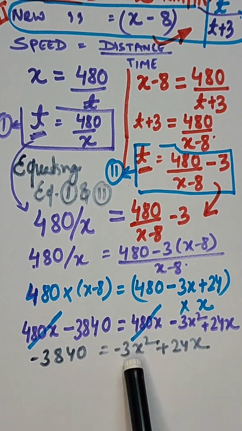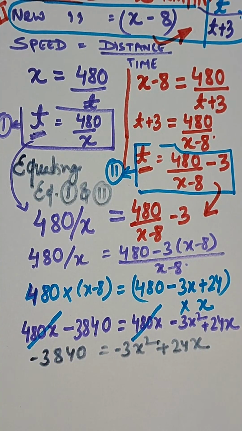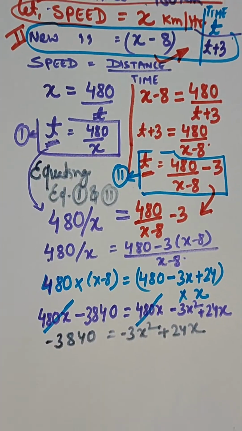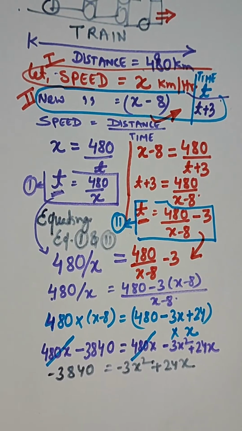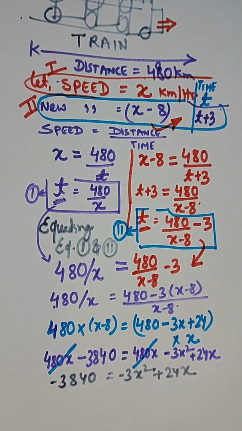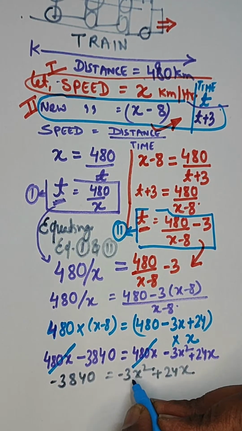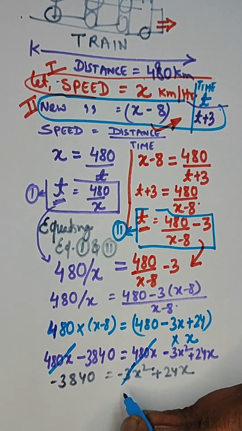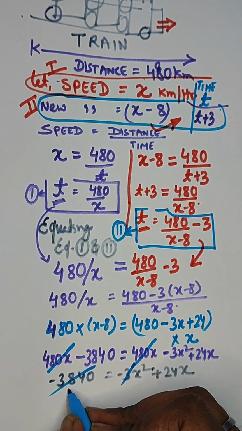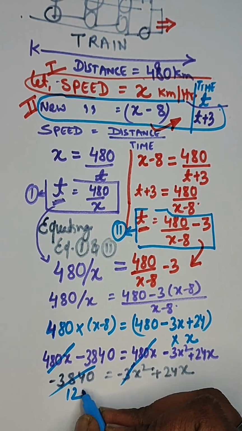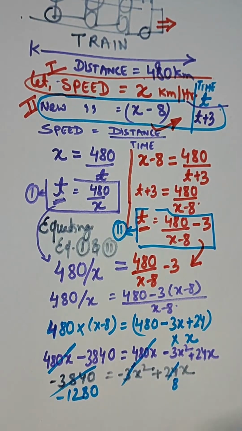So my dear friends, you can see 3 can be taken as common from all these 3 items, right? So from here, 3 will be dividing this x square one time, and 3 into 1280 is 3840, and 3 into 8 is 24.